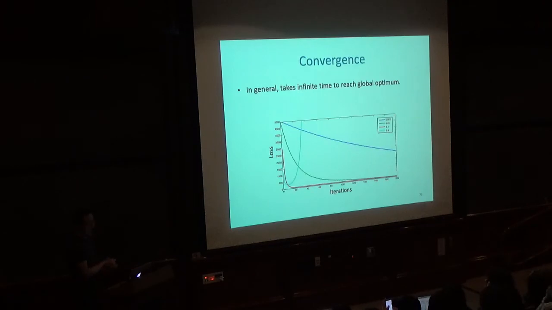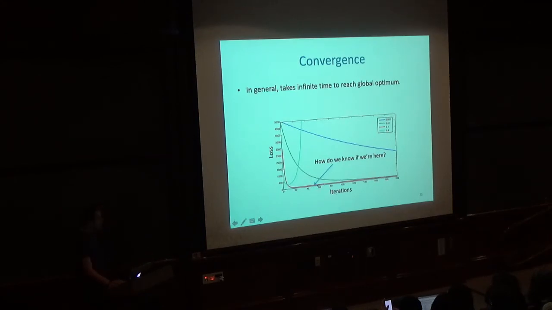As I talked about before, in general, if you actually want to reach the global optimum exactly, it takes infinite time. But machine learning is used in practice not because you can learn everything perfectly, but because you learn it well enough to be useful. So what we really care about is not reaching exactly zero loss in the infinite limit, but knowing that we're in the regime where we've basically converged to something really good, within a small epsilon of the global optimum.